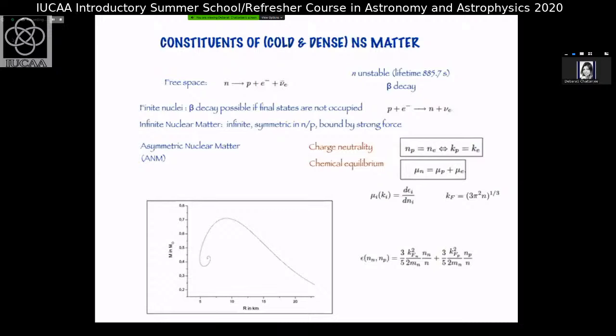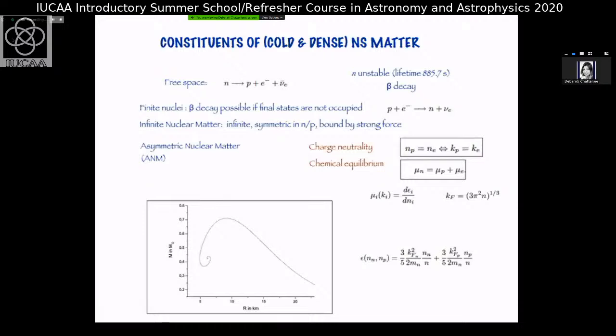The equilibrium of these two equations gives us a relation between the chemical potentials, where chemical potential mu is the derivative of the energy density with respect to the number density, and it is equivalent to the Fermi energy in the system.